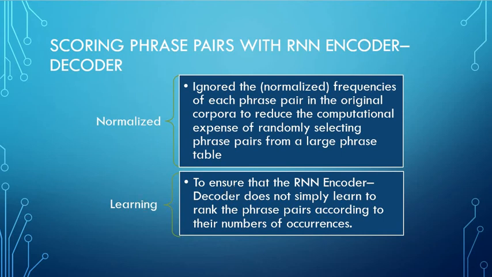This ensures that the RNN encoder-decoder does not simply learn to rank the phrase pairs according to the number of occurrences. The existing translation probability in the phrase table already reflects the frequencies of the phrase pairs in the original corpus.